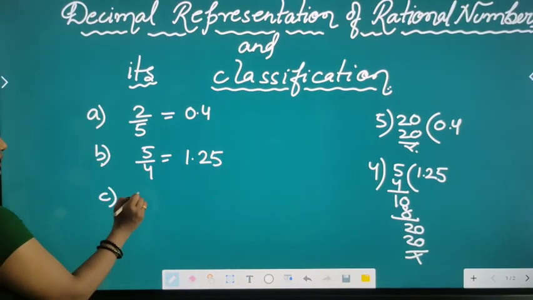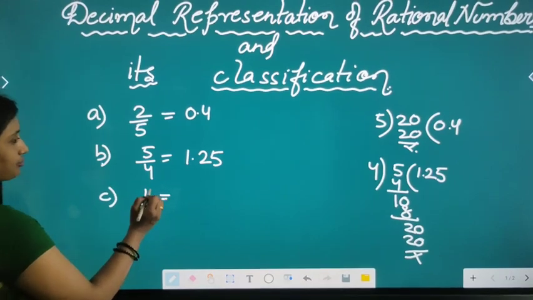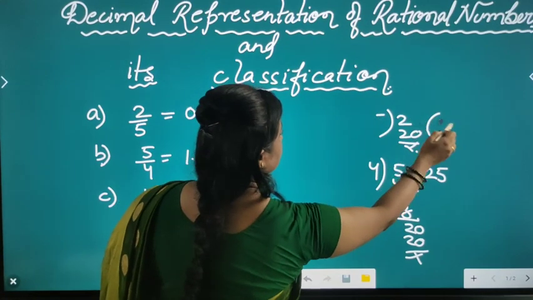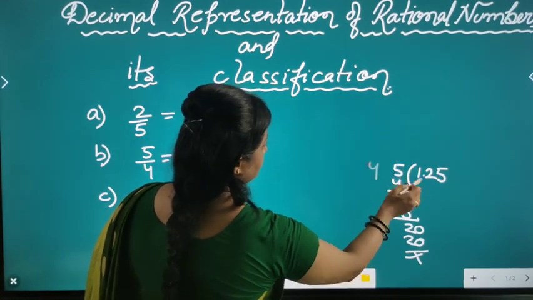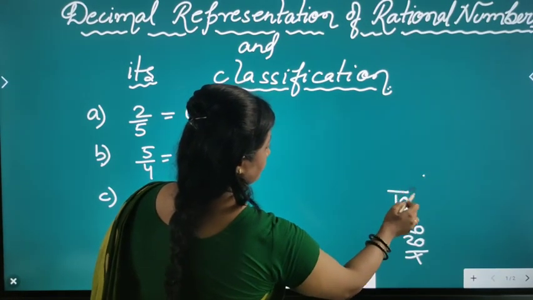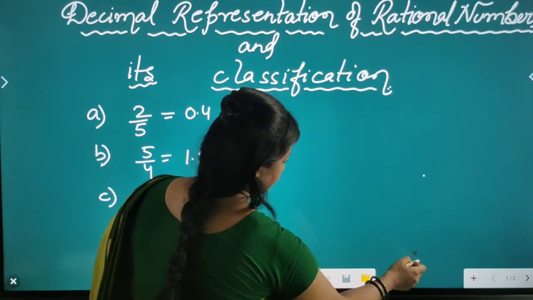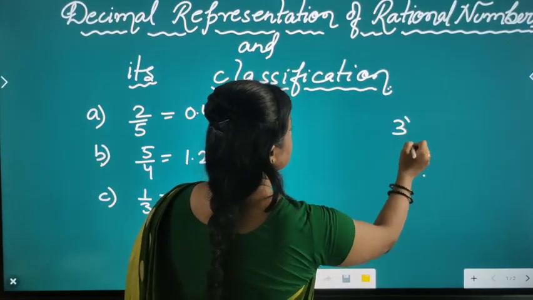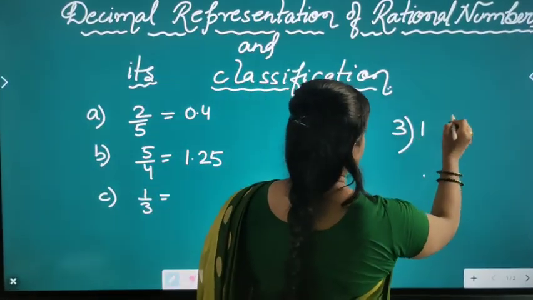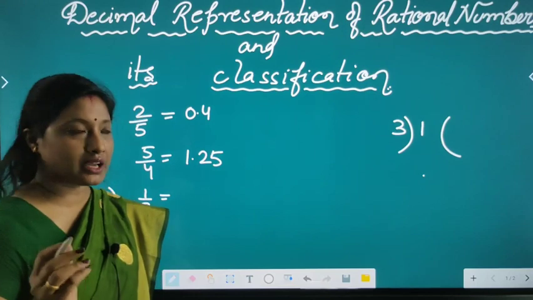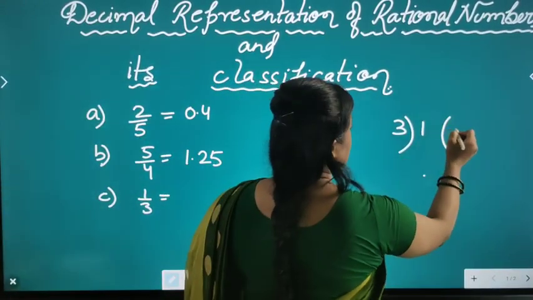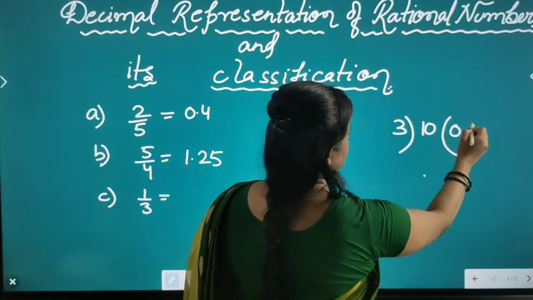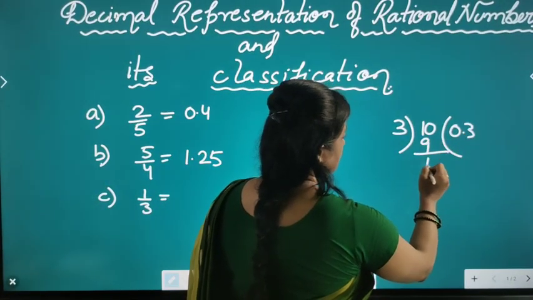Once again, look at this example: 1 by 3. Just see the decimal representation of 1 by 3. We are going to divide 1 by 3 like this. Put 0 point here, then 3 threes are 9. Subtract it, this is 1.